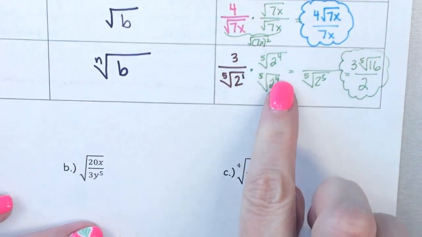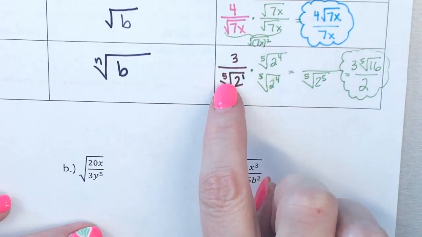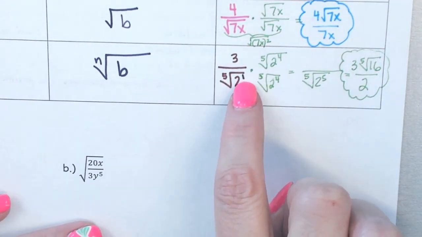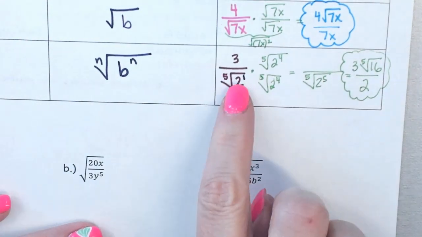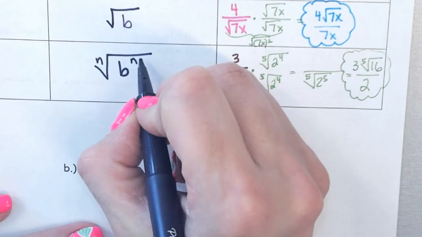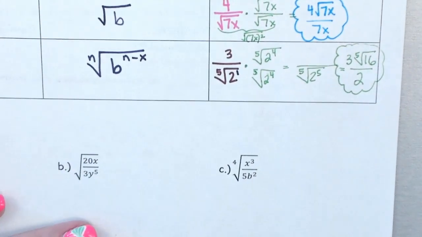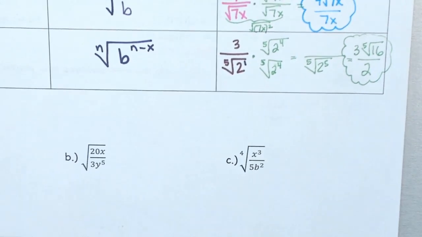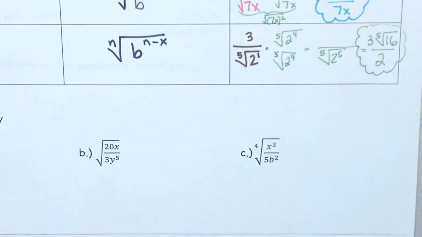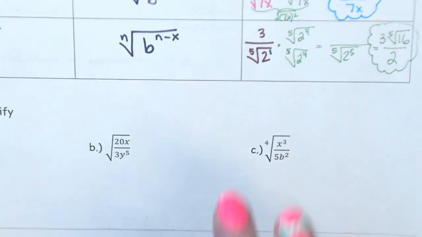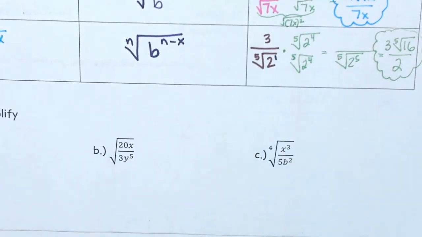Okay, so if this is 4, can you see how this is just 5 minus 1? So the 5 we call the n value. This we would call the x value. So you just do to the power of n minus x. So in that case, 5 minus 1, we know we're going to multiply to the 4th. And if you have 2 different exponents, like with a variable, you're going to use that as well.